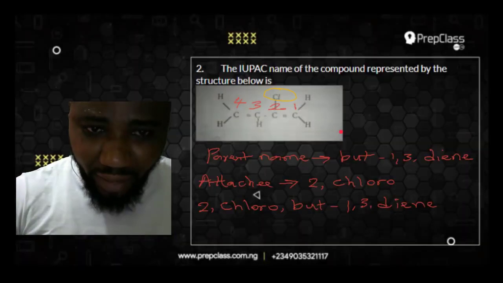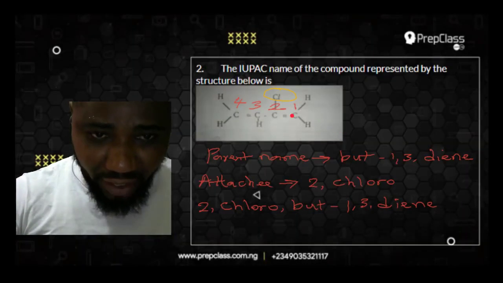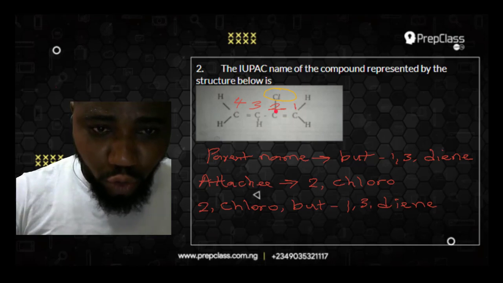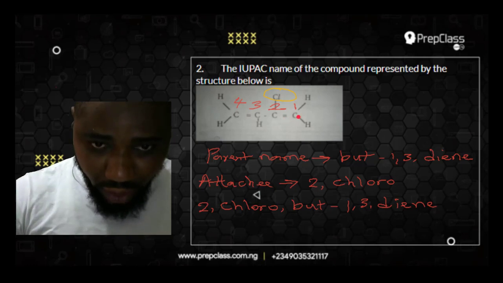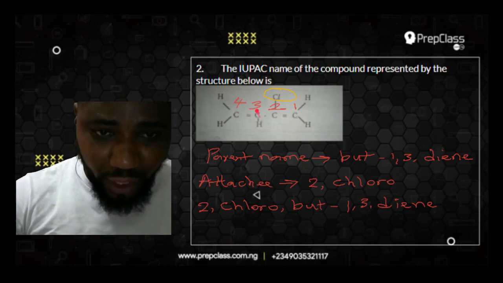Now, look at the way I numbered. I numbered from behind: 1, 2, 3, 4. You see that you've given this carbon that is close to this double bond a small number of 1, and this third carbon a small number of 3.